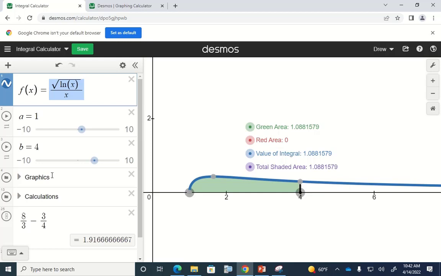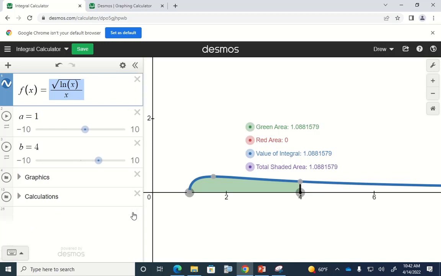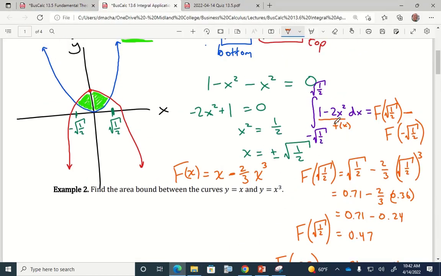Oh, I guess it occurs to me that this isn't completely ready to go to do areas between curves. But I can still start from where we took the definite integral between negative root half and positive root half of 1 minus 2x squared.